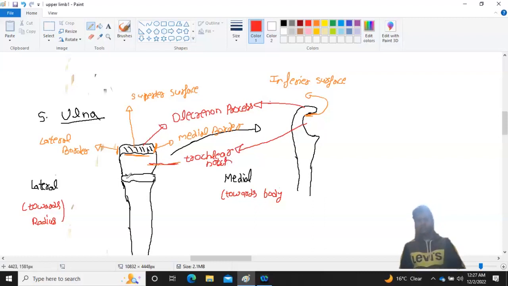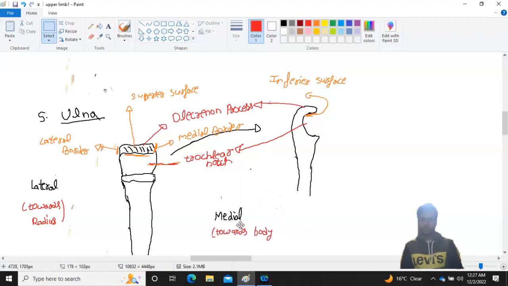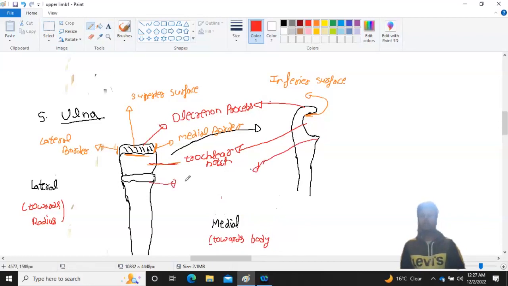And the next is this base-like part, this surface. This base-like part is called coronoid process. The coronoid process fixes into the coronoid fossa of the humerus. Coronoid process and coronoid fossa.